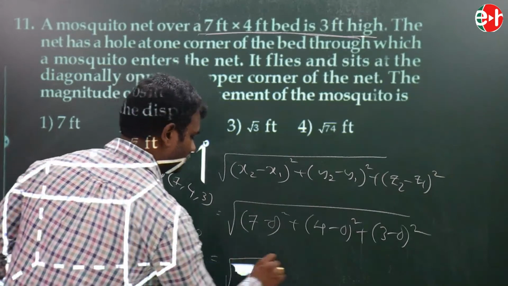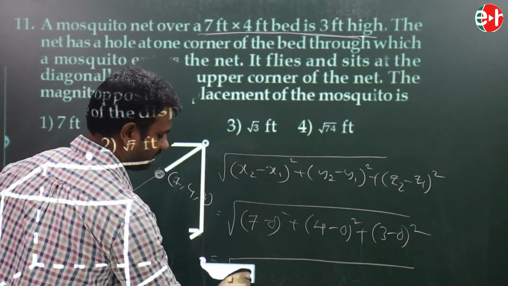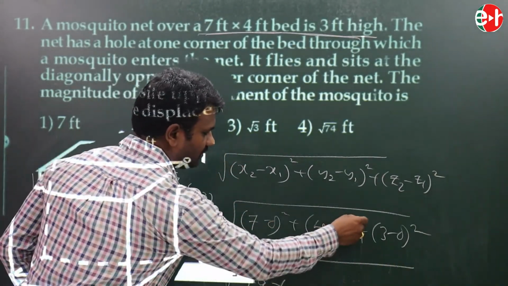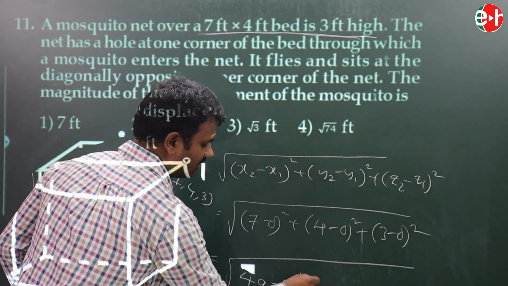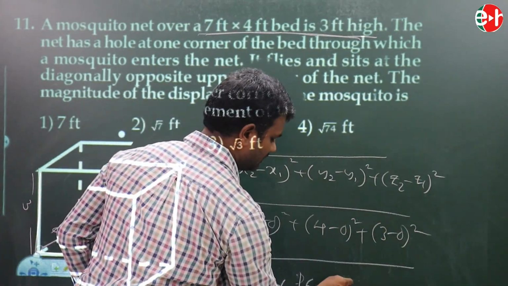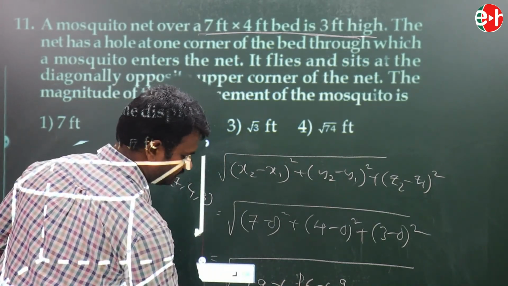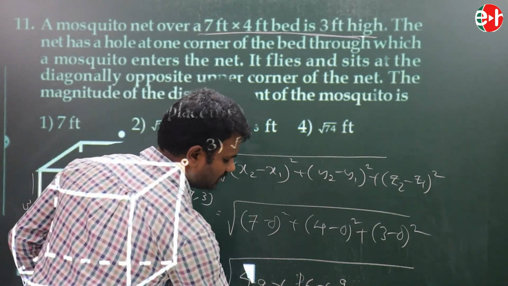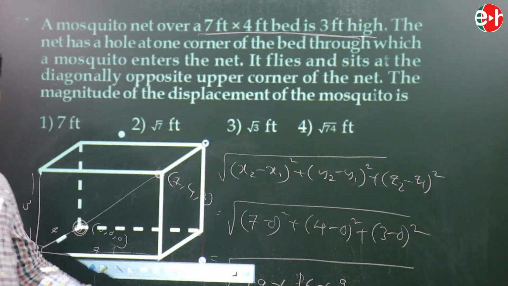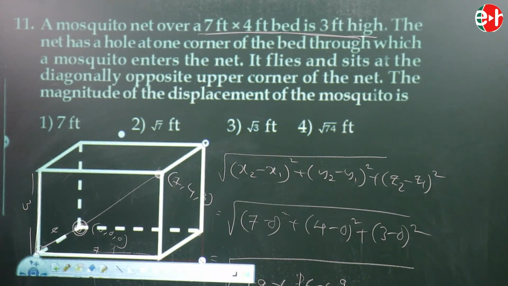Simplify this. 7 square is 49, plus 4 square is 16, plus 3 square is 9, which is equal to root over 49 plus 25. Take the square root and you will get the answer. Is it clear?